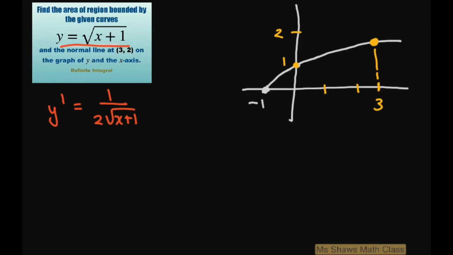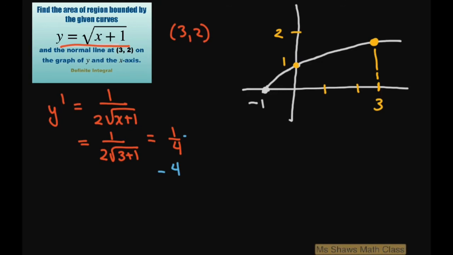And then we're doing the tangent right now. So the slope of the tangent line at (3, 2) is going to be equal to 1 divided by 2 times the square root of 3 plus 1. That equals 1/4. So the slope of the normal line is going to equal -4, negative reciprocal.